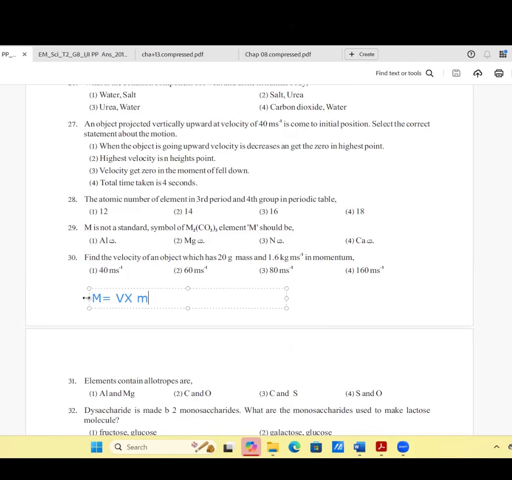To find the velocity, we have to rearrange the equation. Momentum divided by mass. Momentum is 1.6. The mass should be taken in kilograms by dividing it by 1000. Then the answer is 80. Answer number 3.